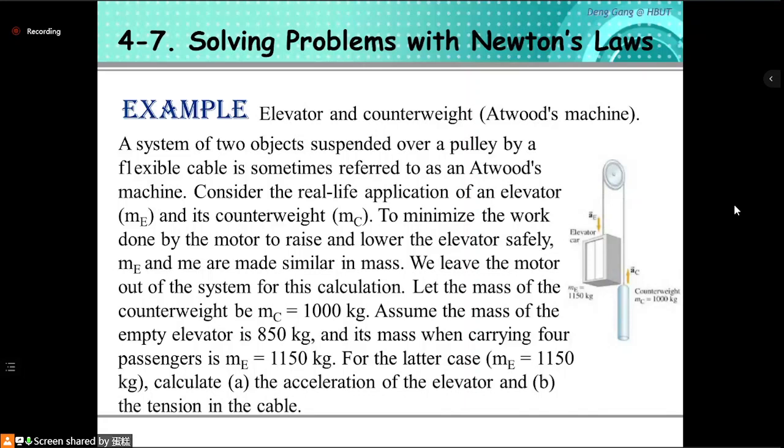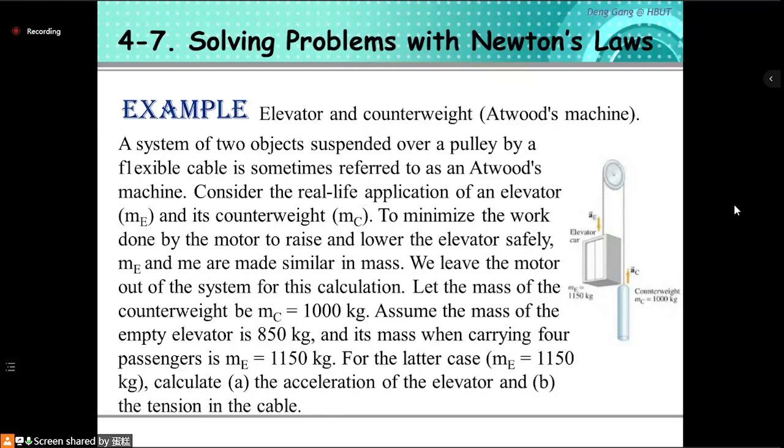This is a basic model for the elevator, and we leave the motor out of the system in this calculation, considering the simplest case. We can also ignore the mass of the pulley.